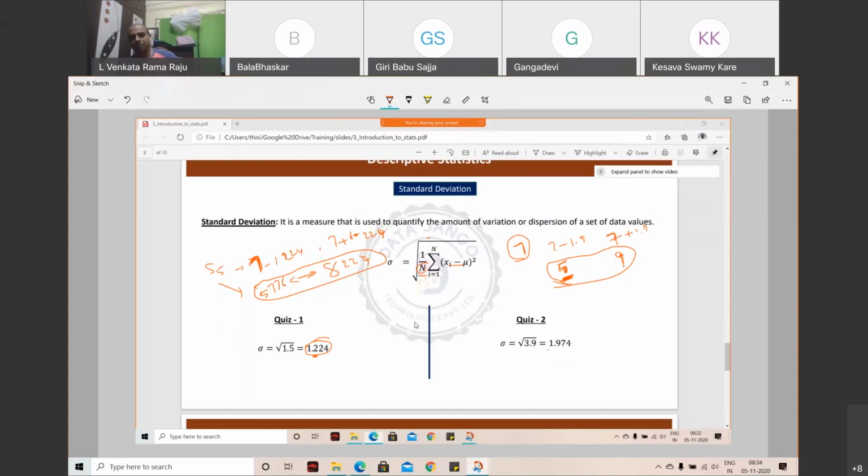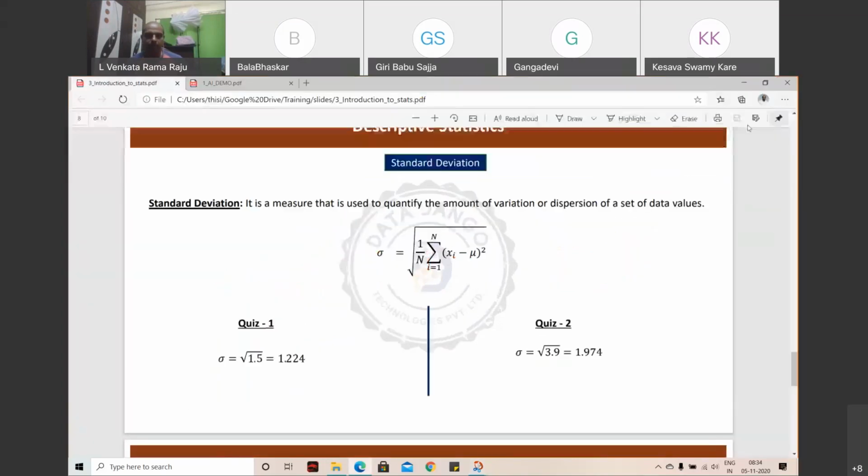That is for benefit of doubt: the population standard deviation may be a little more, so to create a little bigger number, we take the denominator n minus 1. Okay, sir. So understood? I can move on. Any other questions?